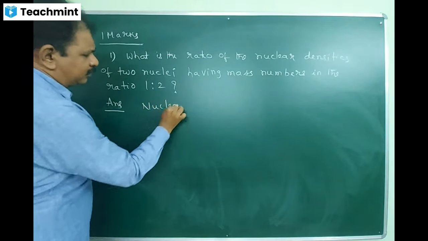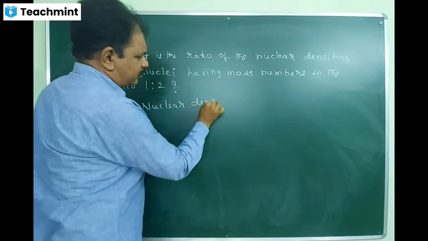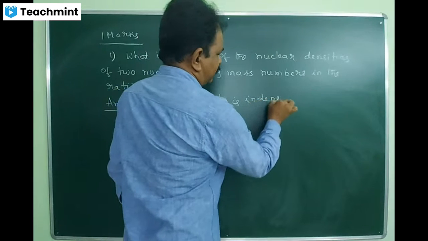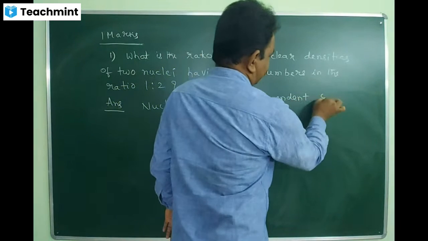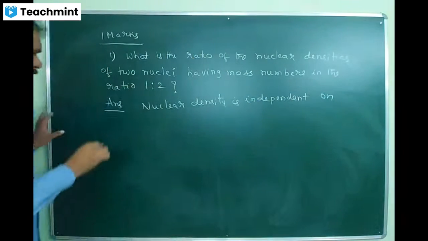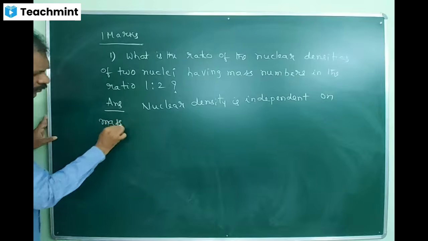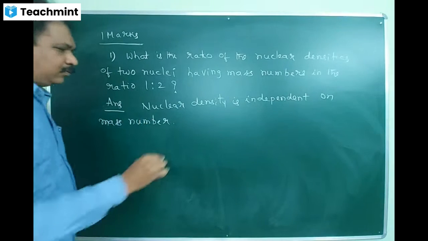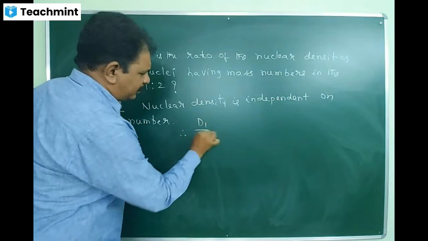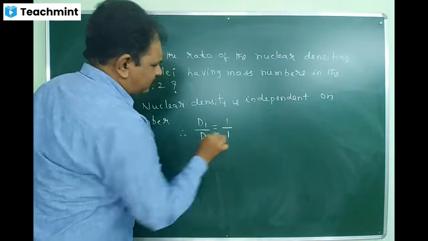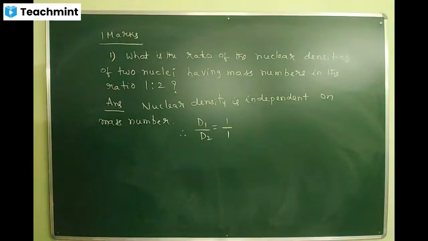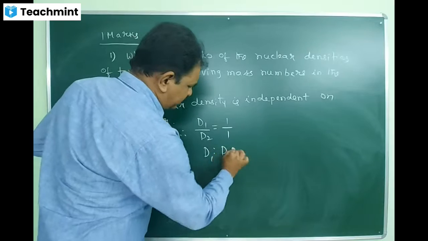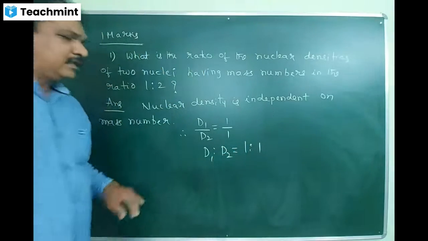Therefore, the density ratio is 1/1. d1 by d2 is equal to 1/1.